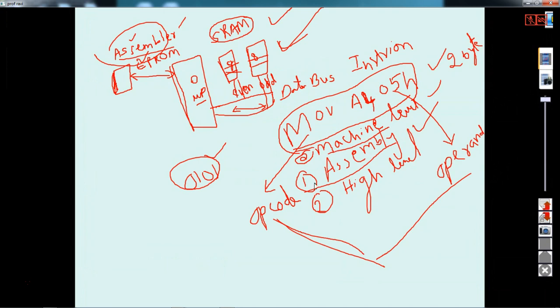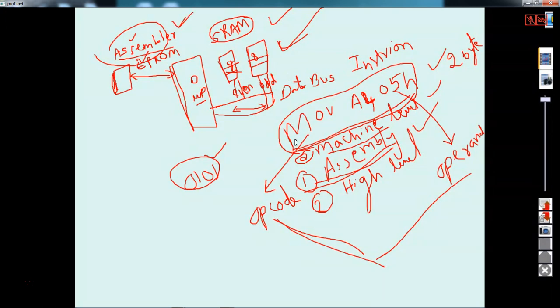The moment you write a program in assembly level language, the simple instruction MOV AL, 05, what happens? The moment you type this, it will be converted into machine level language by the assembler.